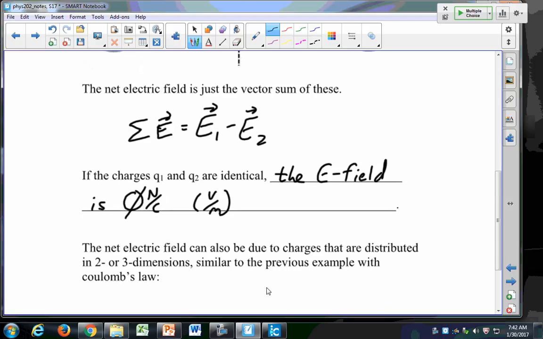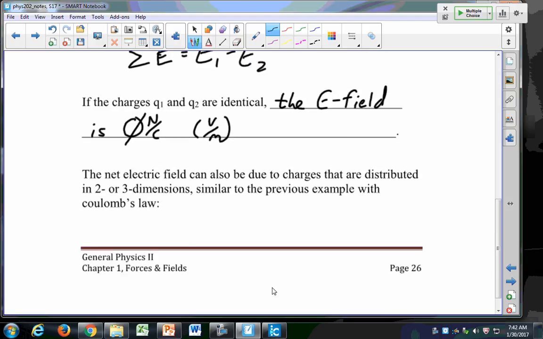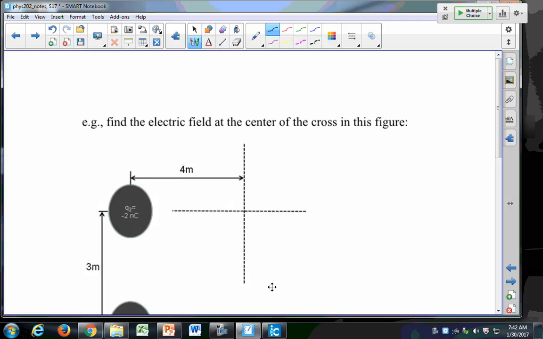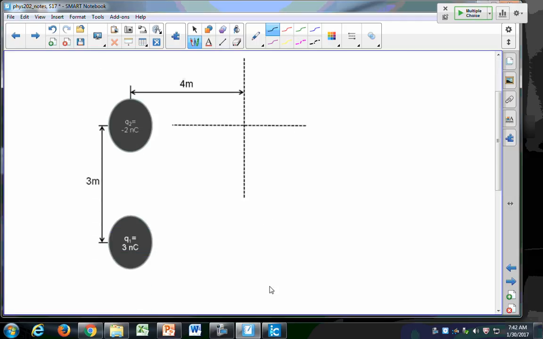All right, let's do a 2D problem. It's our third time to do it, but I want you to make sure you get these vectors. So what I want to do here is figure out the electric field, just sketch it in. Due to this charge, a positive test charge at that point would feel an attractive force.